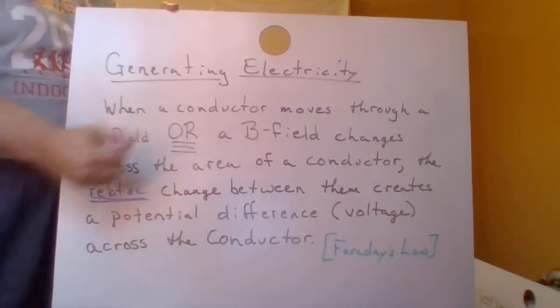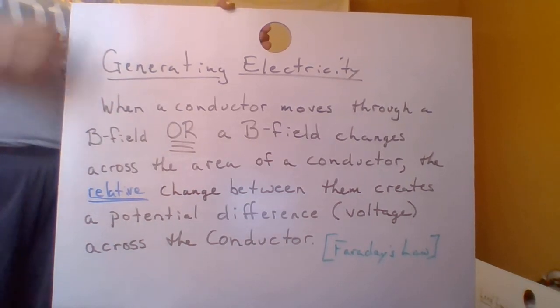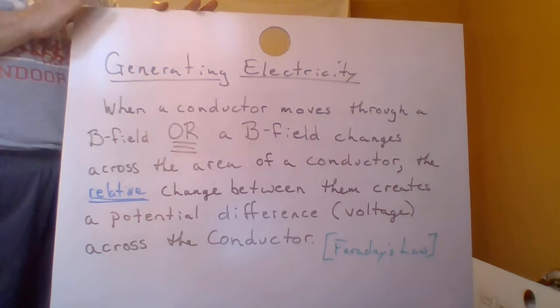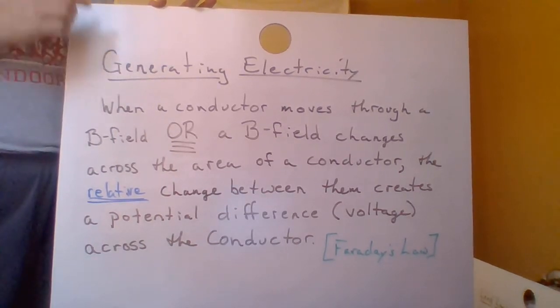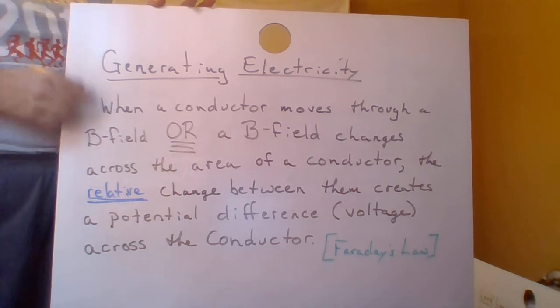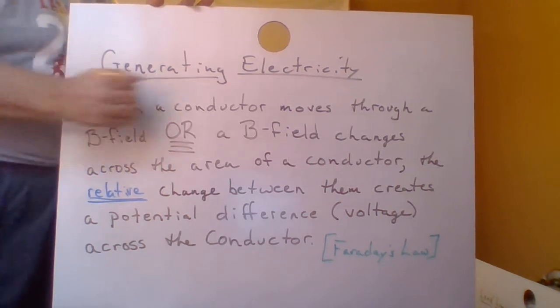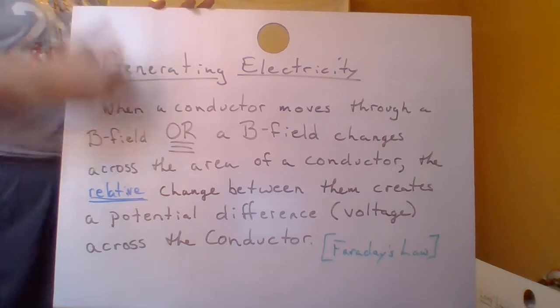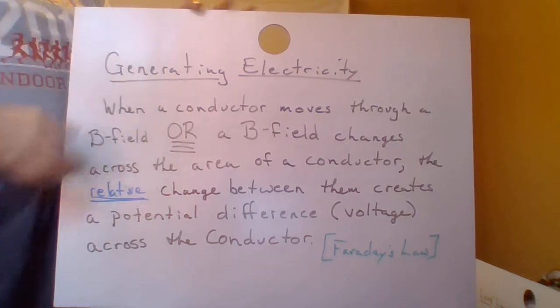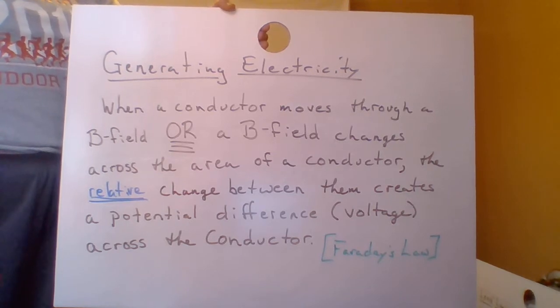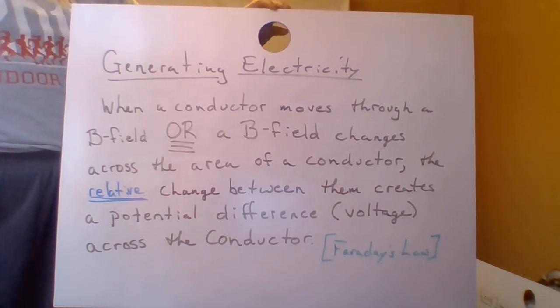This is what we call Faraday's law. This was his great contribution to our understanding of electricity: the idea that you could make electricity from magnetism by moving a magnet relative to a wire. He did a very interesting experiment to prove that way back in the 1830s.